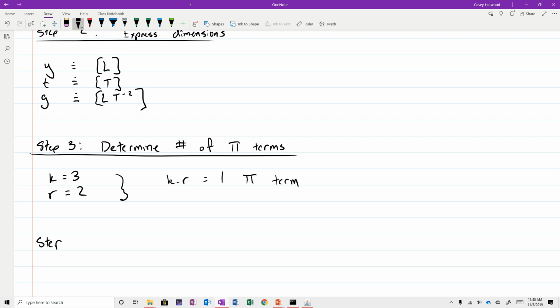So now step 4 is select repeating variables. Remember, the rule for repeating variables is that they have to have independent combinations of dimensions, and there have to be r of them. So in this case, since r equals 2, we need 2 repeating variables.